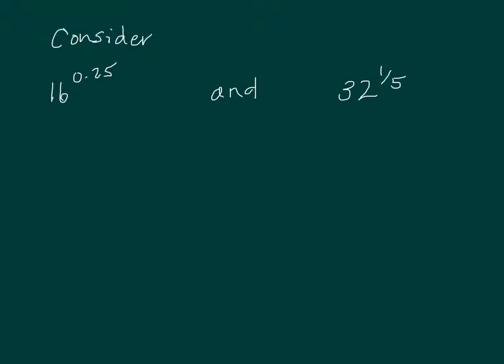Let's consider two other small examples just to make sure we have this concept in place. If we consider 16 to the 0.25, we could of course do this with our calculator. In the future though, I do want you to be able to rewrite it using a fractional exponent. So hopefully we can see that 16 to the 0.25, I could rewrite as 16 to the quarter.